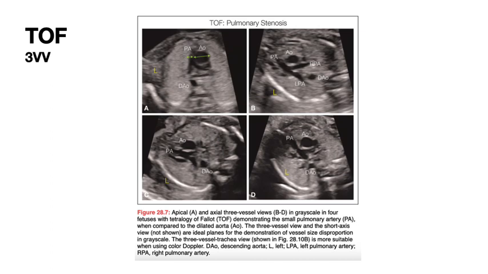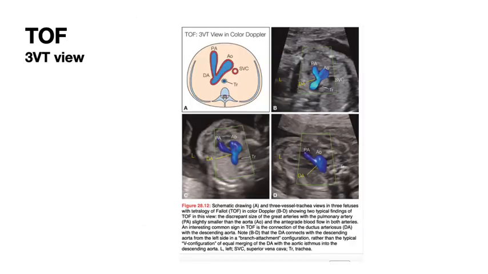All right, here's a couple more examples showing the disproportion between the pulmonary artery and the aorta. In the three-vessel view, what you'll see typically is very often, since it is pulmonary stenosis, you'll still have antegrade flow, but the pulmonary artery typically is smaller and less contributory to the flow.